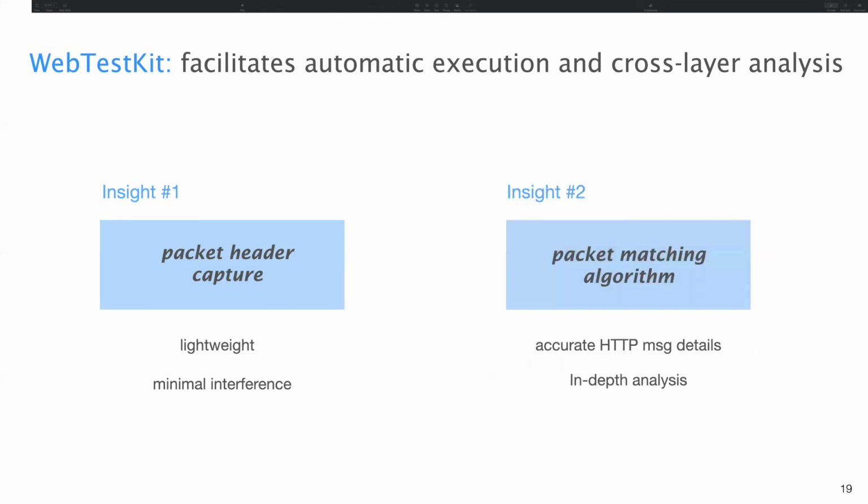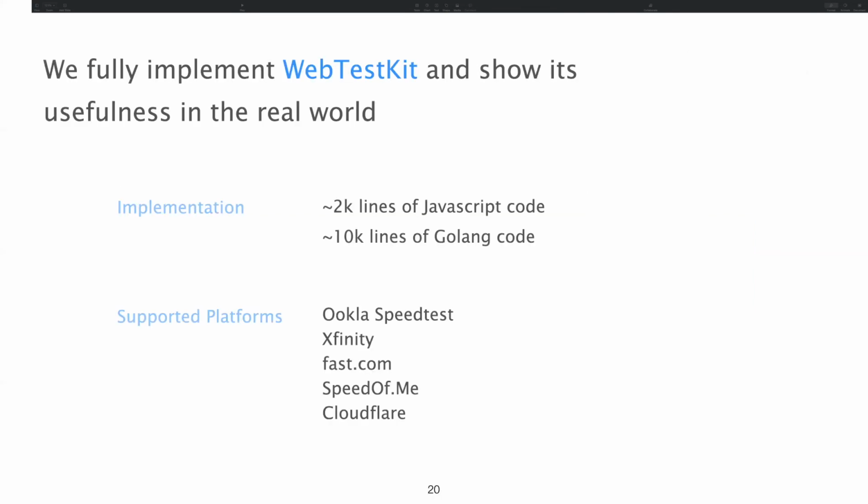To this end, we developed a packet matching algorithm to capture HTTP transaction details and locate the HTTP messages without decrypting the traffic. We fully implemented WebTestkit with 2,000 lines of JavaScript code and 10,000 lines of Golang code.